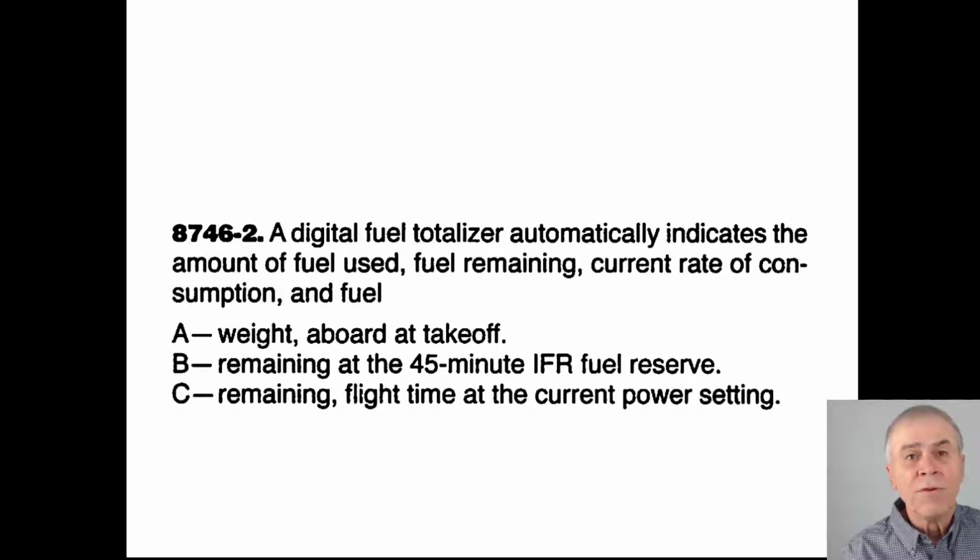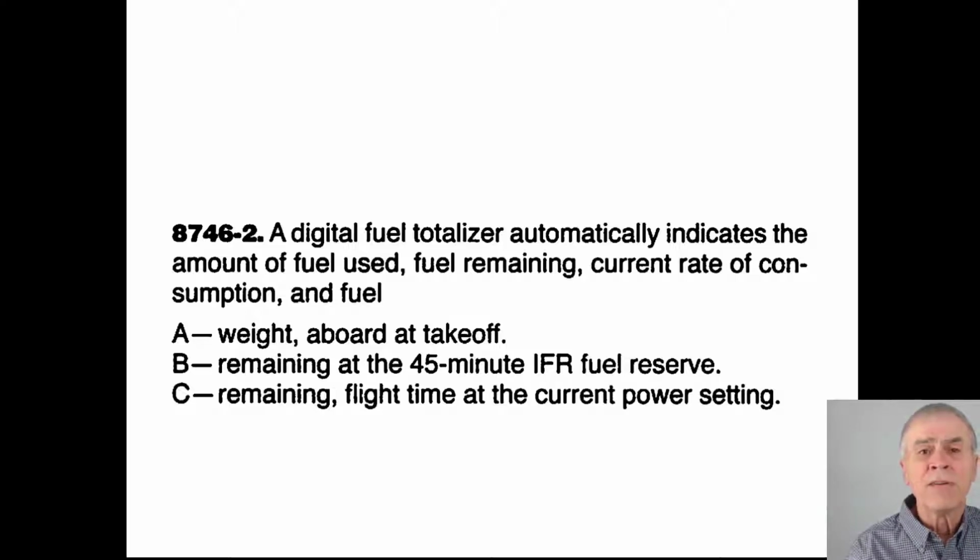A digital fuel totalizer automatically indicates the amount of fuel used, fuel remaining, current rate of consumption, and fuel. It gives you a lot of information. So it tells you how much fuel you've used, how much you have remaining, what your current rate of consumption is, and fuel. A, weight aboard at takeoff.